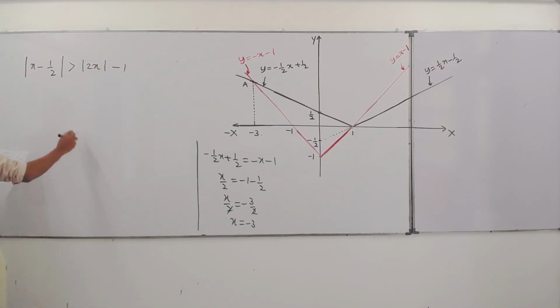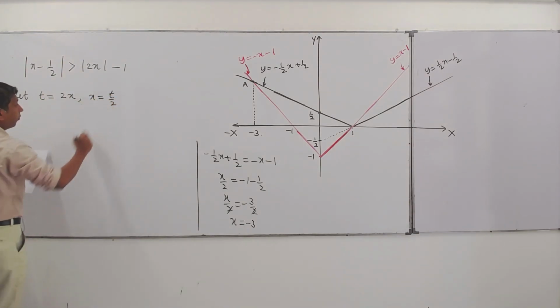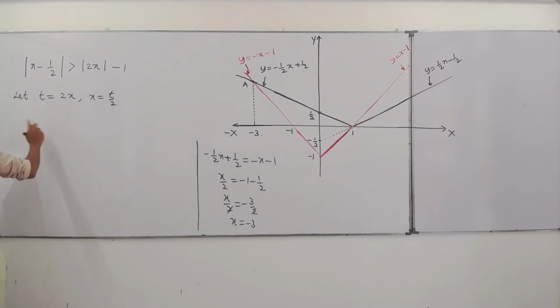I am going to substitute here t equals 2x. T equals 2x means x equals t by 2. Then what do you get here?